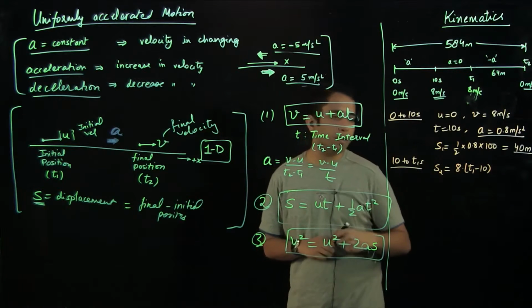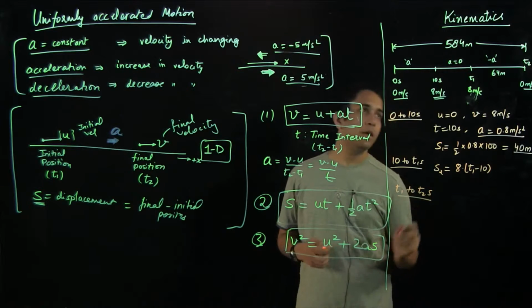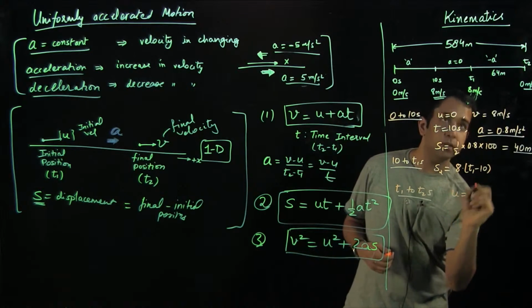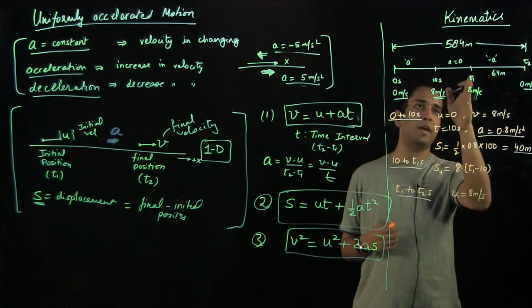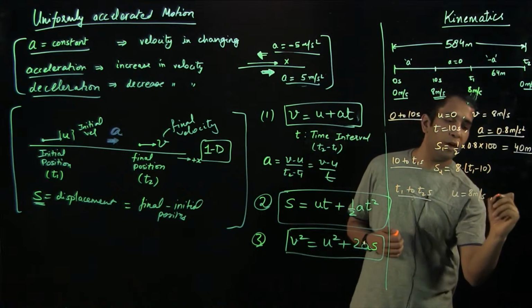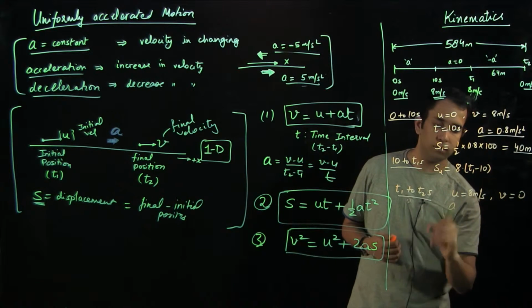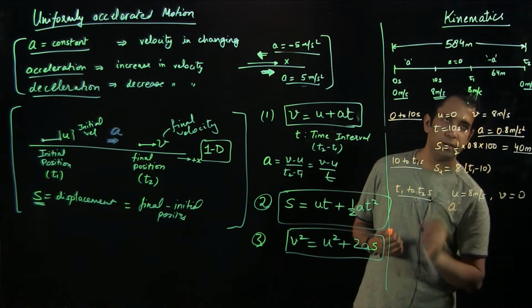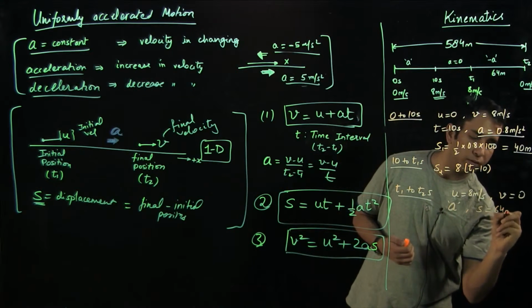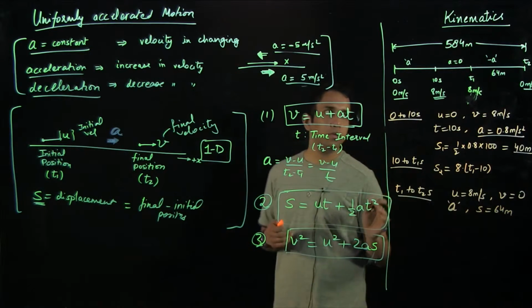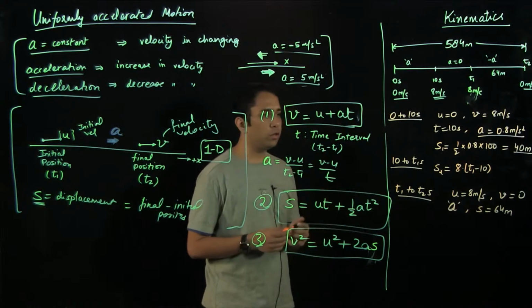Then in the third time interval, which is from t1 to t2 seconds, the initial velocity is 8 meter per second because that's the velocity at the starting of the time interval. The final velocity is 0. The acceleration, let us consider it as a, and the displacement is 64 meters. We do not know the variable t because it's t2 minus t1 and we do not know it.